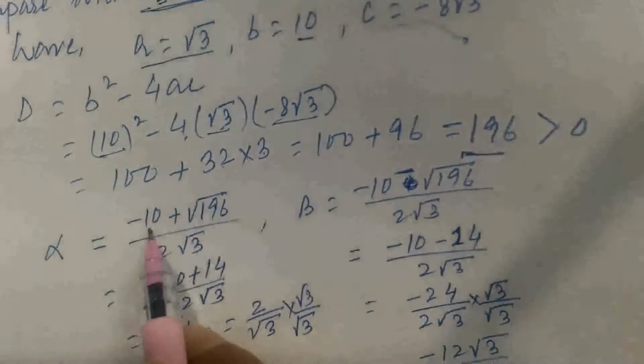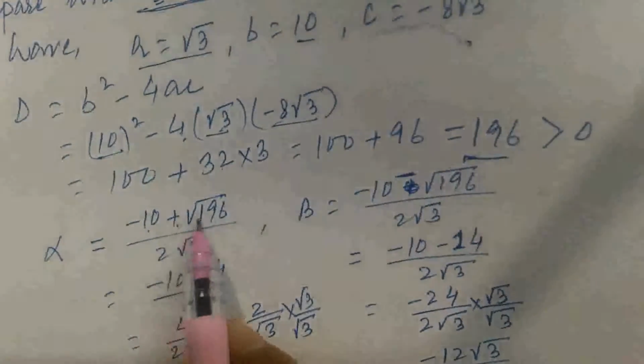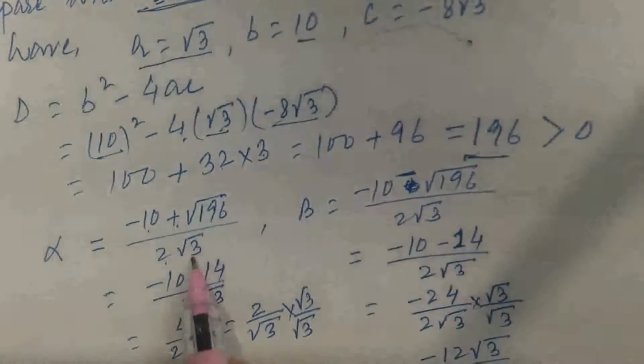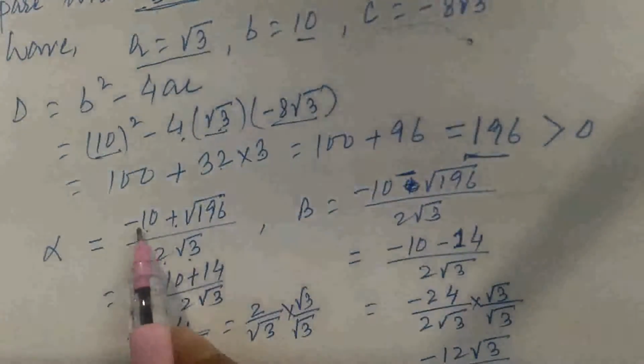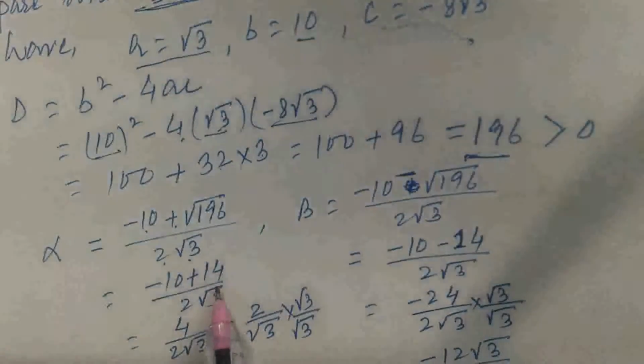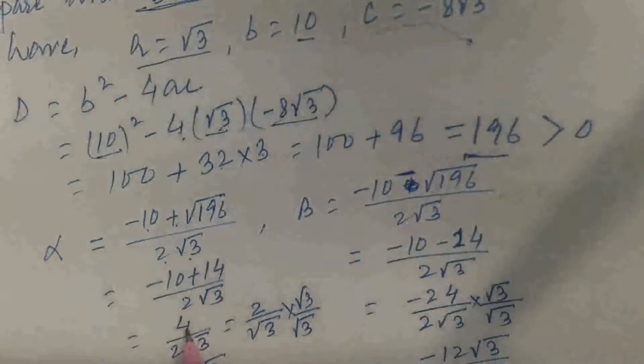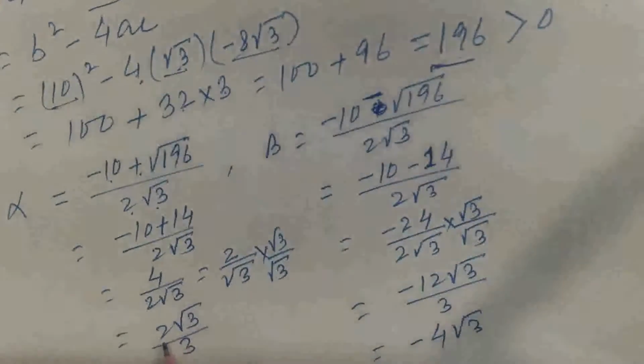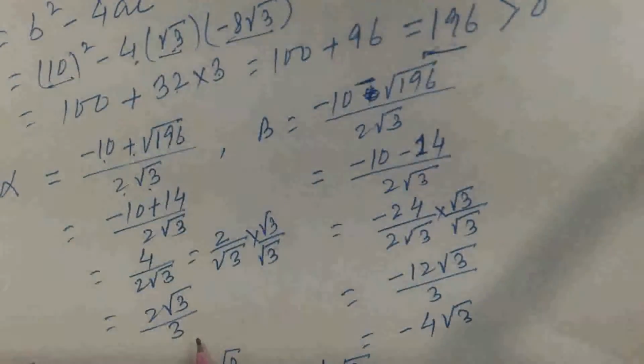Alpha is minus b plus root d by 2a. So put the values and compute. It is minus 10 plus square root of 196, which is 14, so it gives you 4 by 2 root 3. Rationalize it, and it gives you 2 root 3 by 3.